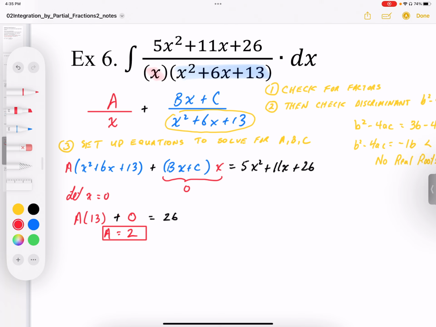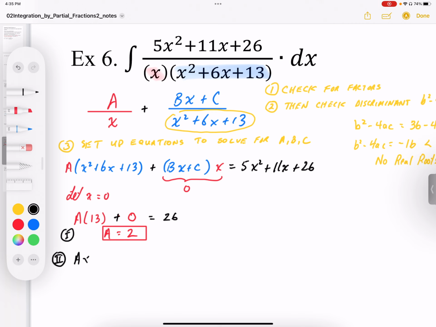Then I'm going to expand this out. So this is part 1. Part 2 is solving for B and C, so I'm going to expand it.